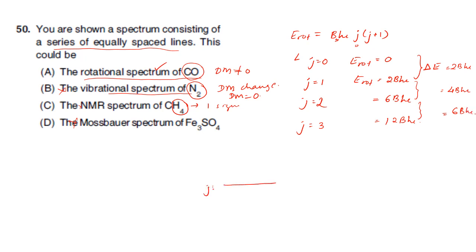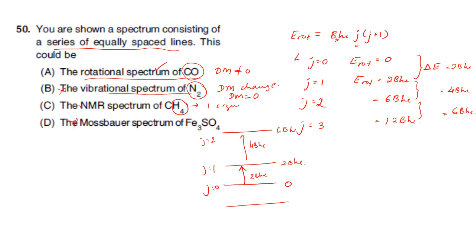For J equal to 0 it is 0, for 1 it is 2Bhc, so the energy spacing here is 2Bhc. For J equal to 2, it is 4Bhc, and its energy is 6Bhc.